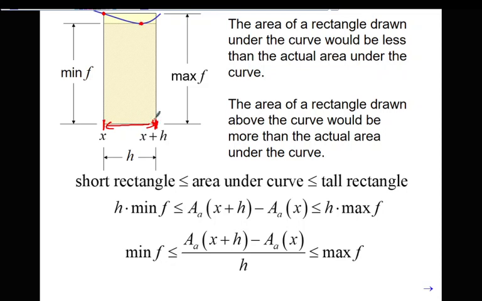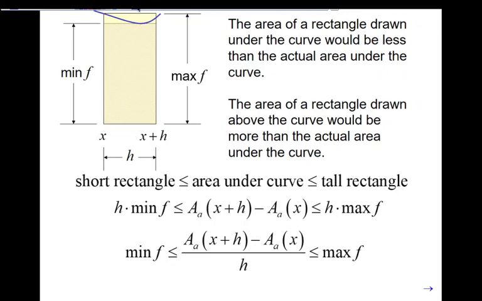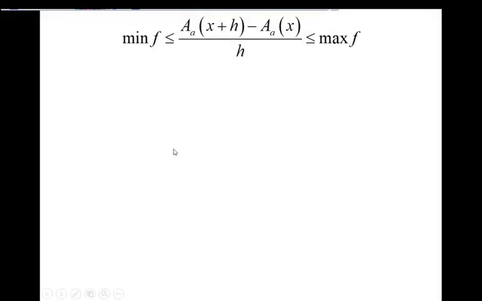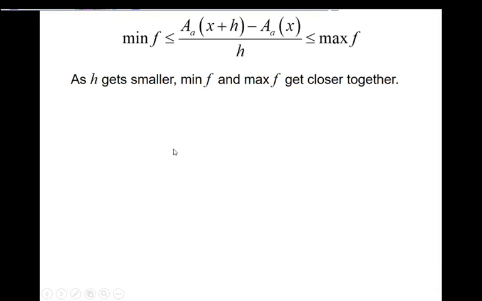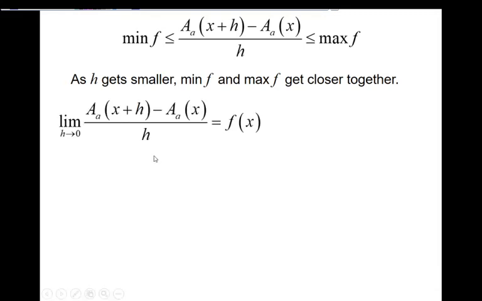If I start bringing this in, these two points are going to meet each other. That's what we're saying. So as h, that change in x, gets smaller and smaller, the minimum and max get closer and closer together.